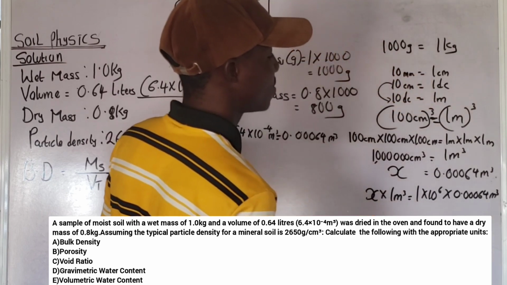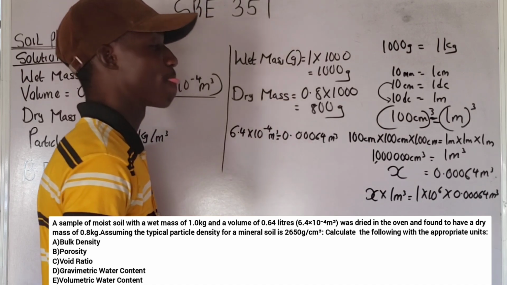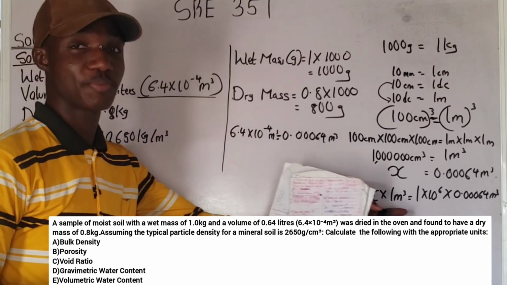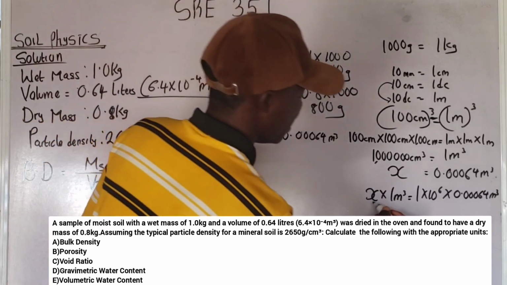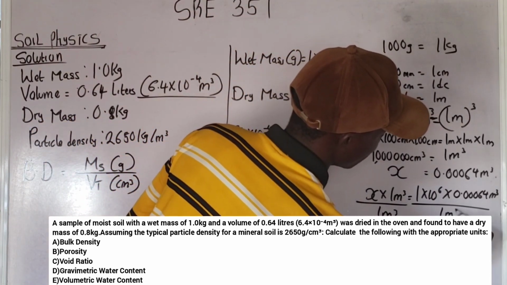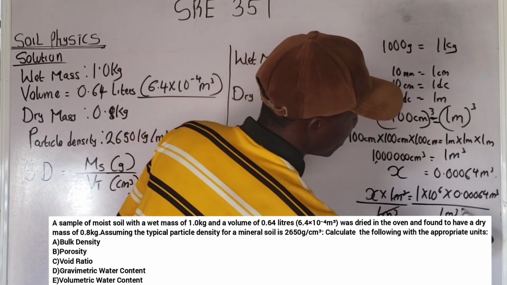The reason why I changed this to standard form is because I want to minimize the space. So divide both sides by 1 meter cube. This will cancel this, so I'm going to have x equals this.